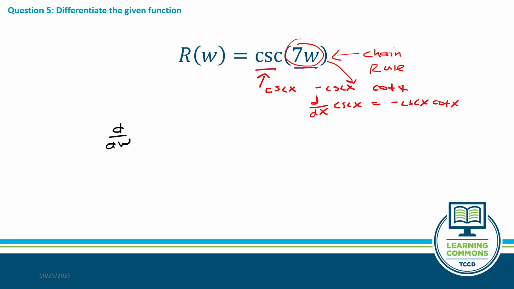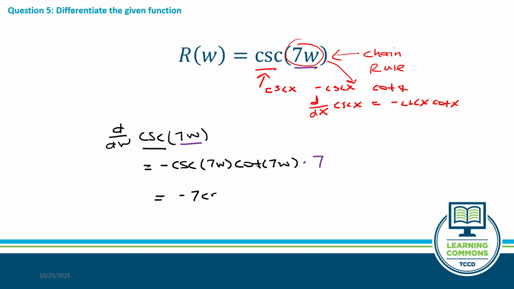So the derivative with respect to w: the derivative of the outside is going to be negative csc of 7w. Keep that 7w because we're not worried about it yet. Times cotangent 7w. Again, keep that 7w in there because we're not on the inside yet. Times the derivative of the inside, which is just going to be 7. So your final answer is going to end up being negative 7 csc 7w times cotangent 7w.